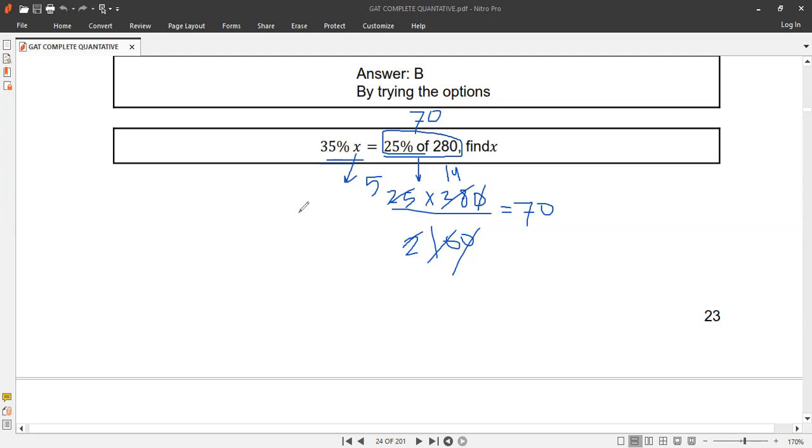When you want the whole, you can flip the 35 over 100 and make it the opposite: put the 100 up and multiply by 70.